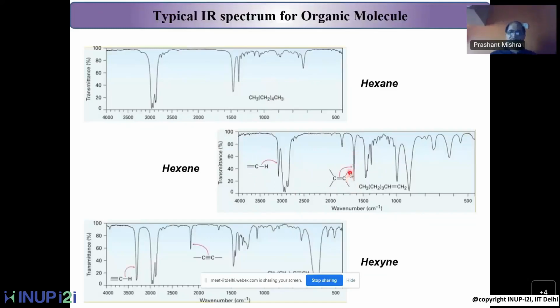This transmittance data, you can have either in transmittance form or convert into absorbance form. That doesn't matter. The point is that even molecules differing in the presence of bonds can be characterized. So here, this is a typical example. It is a 6 carbon compound having no double bond, having a single double bond, or having a triple bond. Because of the presence of the bond, you have seen how the spectrum is changing.